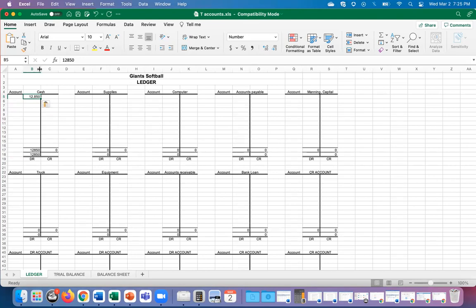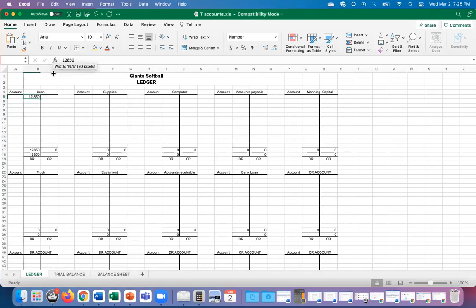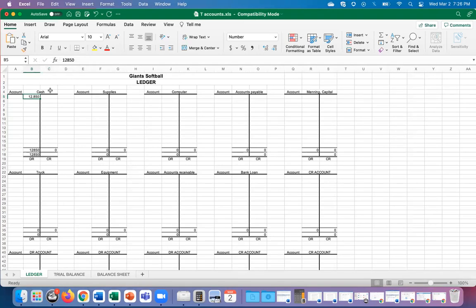But the other thing you can do is go up to the top of the column, right between the letters, and you'll get that cross sign with the arrows on either side. You can pull that left or right and make the cell bigger or smaller to accommodate whatever numbers or letters you have in that cell. So if you're getting those hashtags or pound signs, you've got to make the column wider. All right, so that's how you do that.